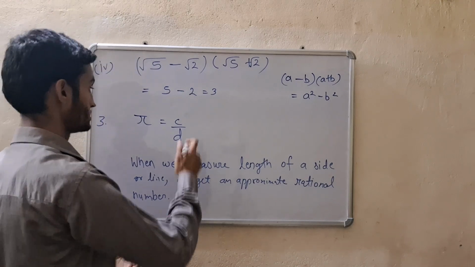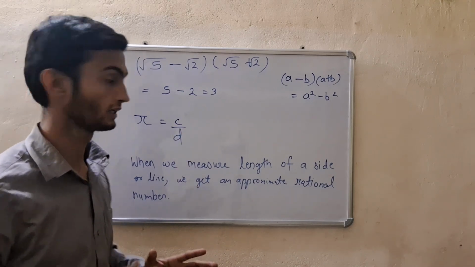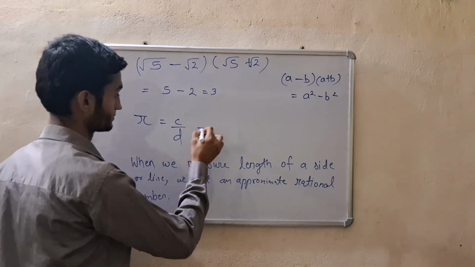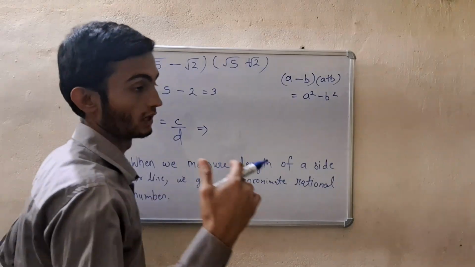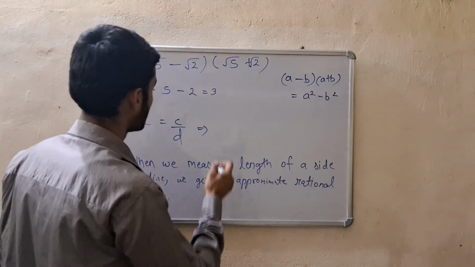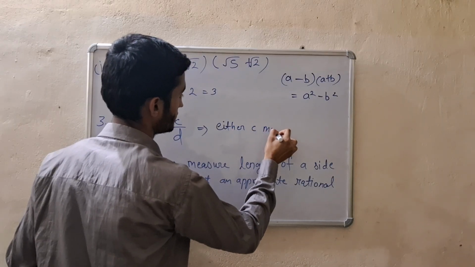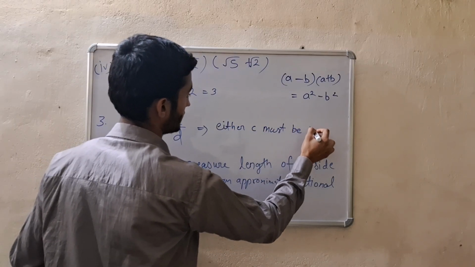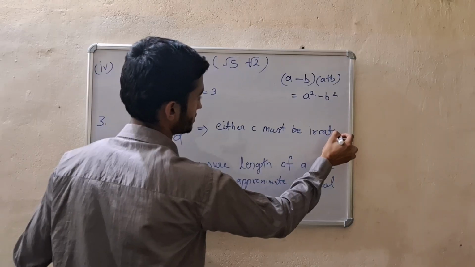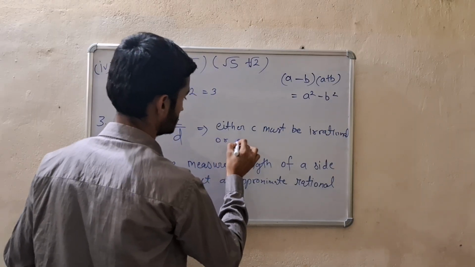Otherwise, if pi is irrational, then as per the fact that we saw, either c must be irrational or d must be irrational.